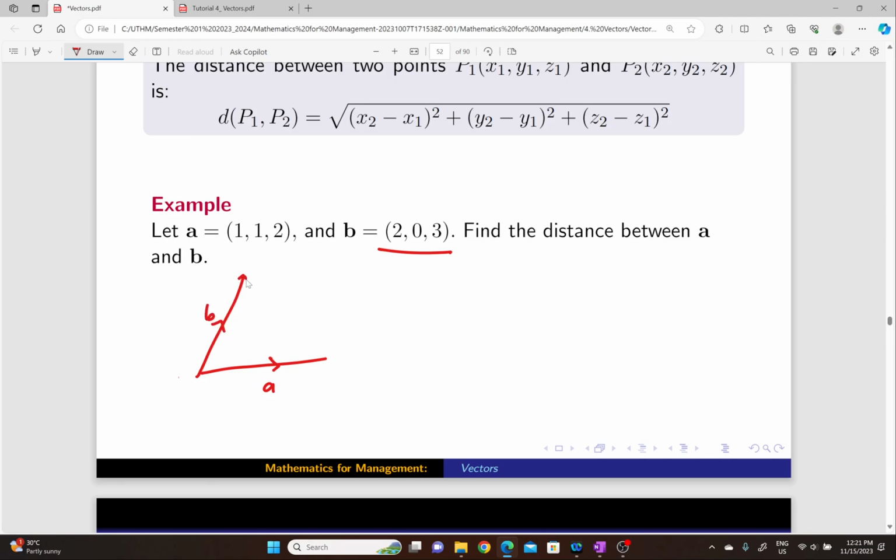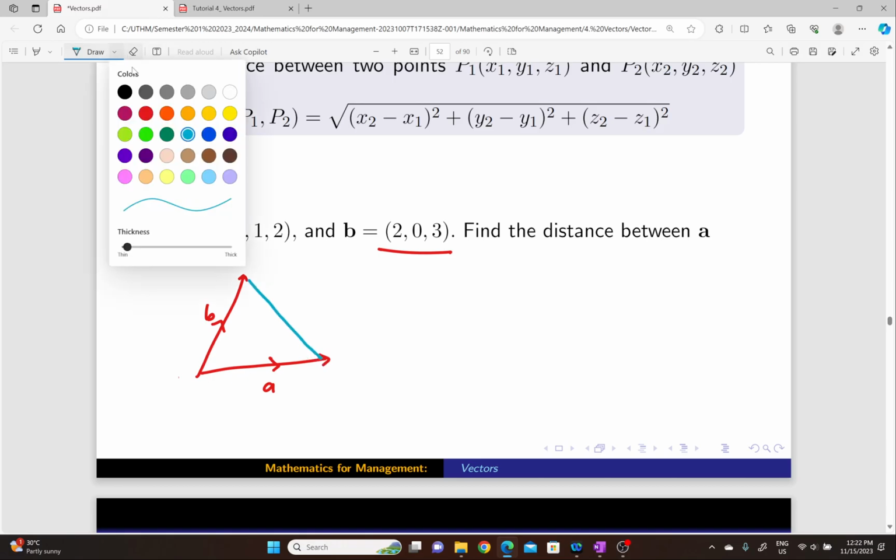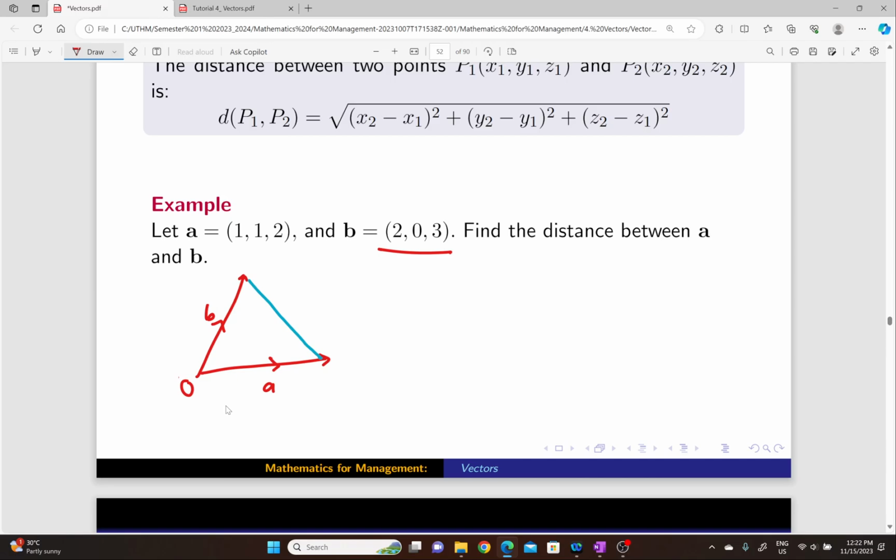If they're asking what is the distance between A and B, we're going to find this distance from here to here. This is the origin. Let's say I denote this as OA, and OB. So A is here and B is here.